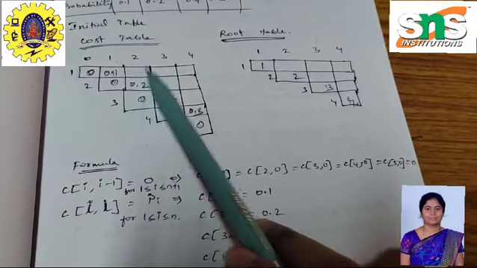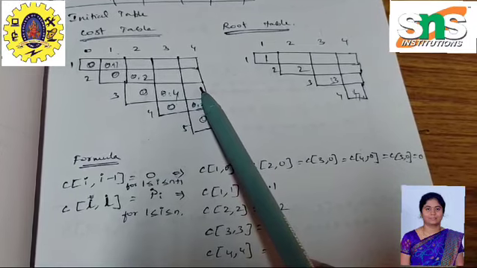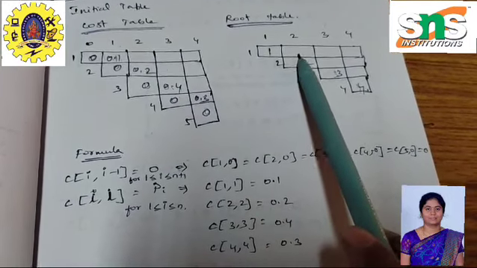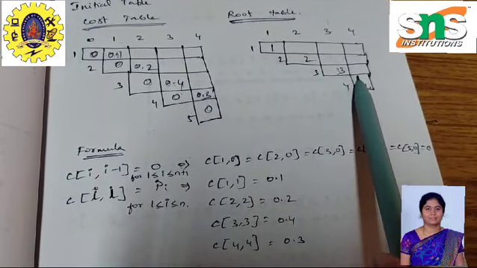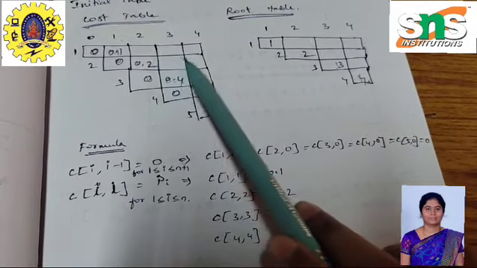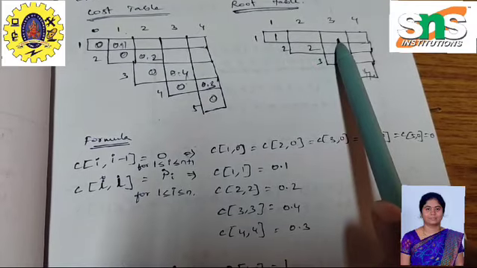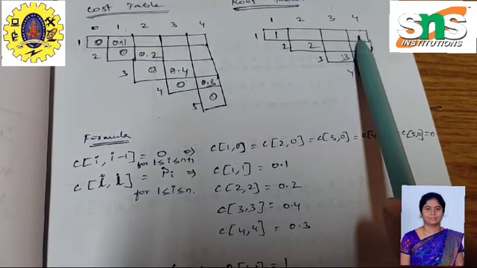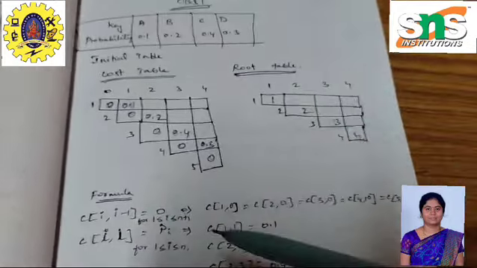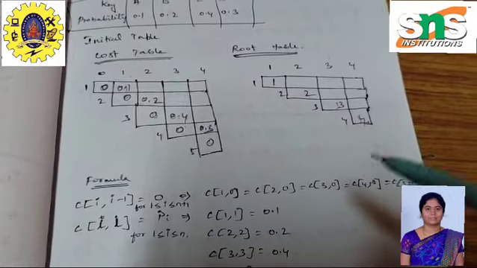For example 1 comma 2, 2 comma 3 and 3 comma 4, and then 1 comma 3 and 2 comma 4 and 1 comma 4, in both tables. So these positions in the cost table and root table we have to find.